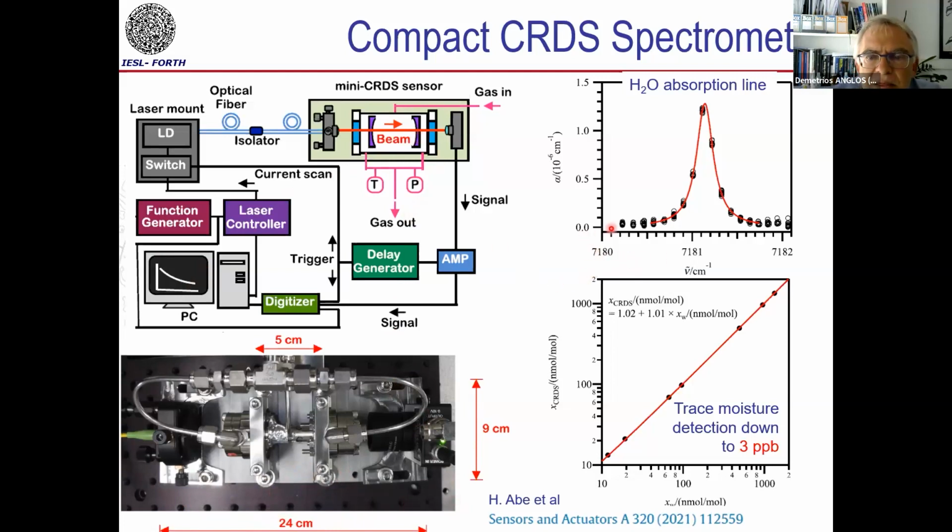The data which we see on this spectral line refer to water, and again, this is a rotationally resolved line of a vibrational overtone transition, a beautiful calibration curve of the cavity ring down signal over the reference sample, and the capability of the technique goes down to a few ppb, capacity to detect moisture in air or in other gaseous environments.